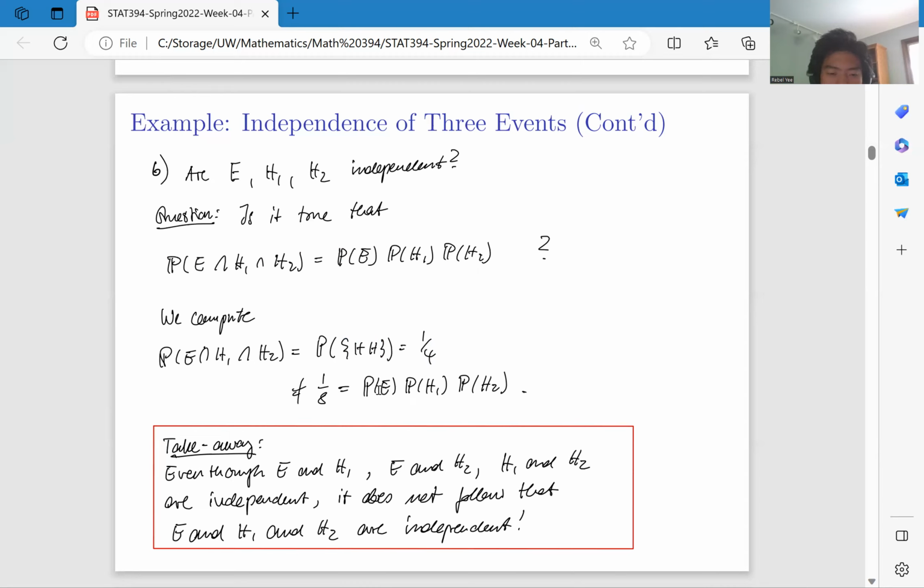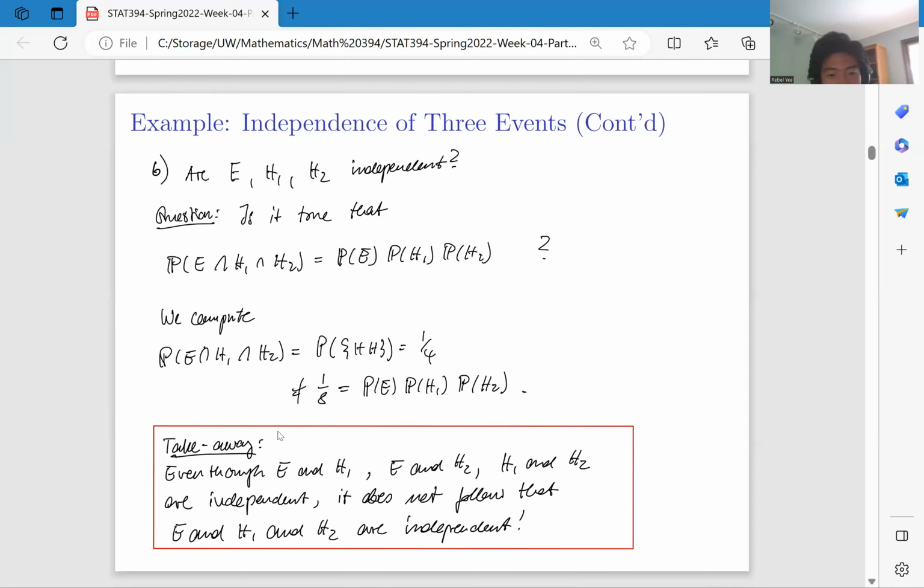However, if we multiply PE times PH1 times PH2 together, we get 1/2 to the power of 3, so it's 1/8. So it's not equal. Now we can conclude that E, H1, H2 are not independent.